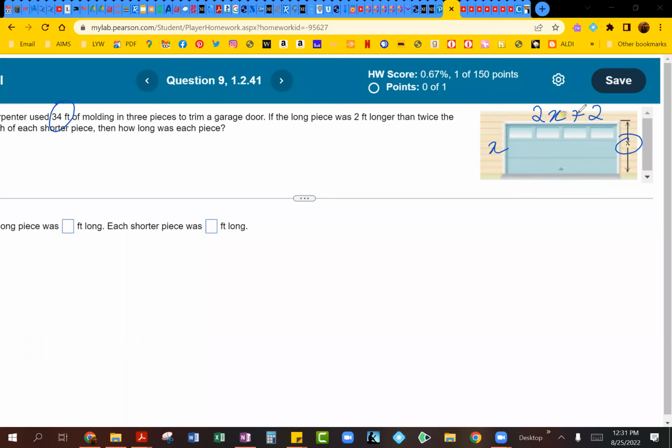So your equation then comes out to be, we know we have a total of 34 feet of molding. We have the 2 shorter sides, so x plus x, and then our longer side, 2x plus 2. So then combine your like terms, get x by itself, and I'll again give you guys a couple minutes to simplify, and then let's see what you come up with for your x value.